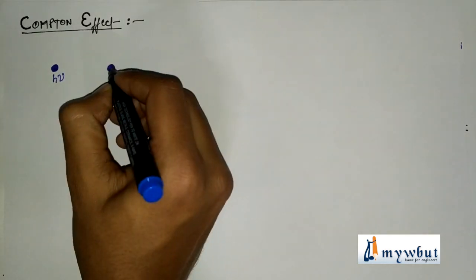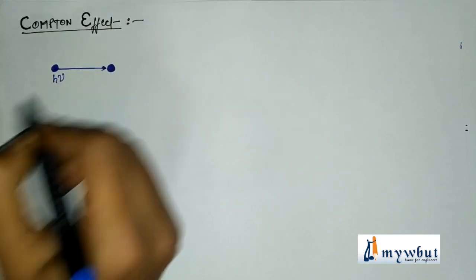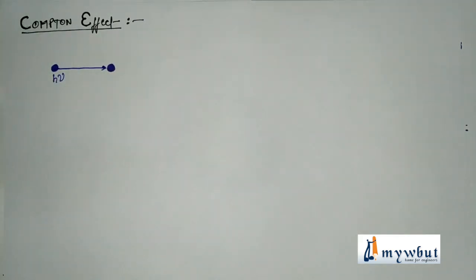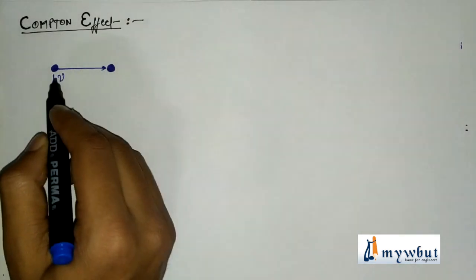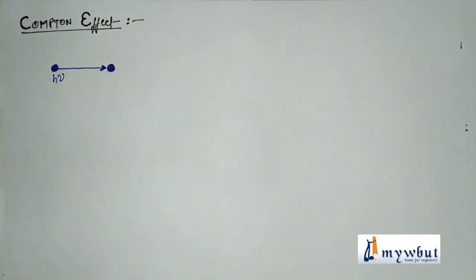So let this be the electron, and this photon collides with this electron that is freely bound. The electron is at rest, and the photon transfers some energy to the electron. This h nu energy gets transferred in some amount into the electron.